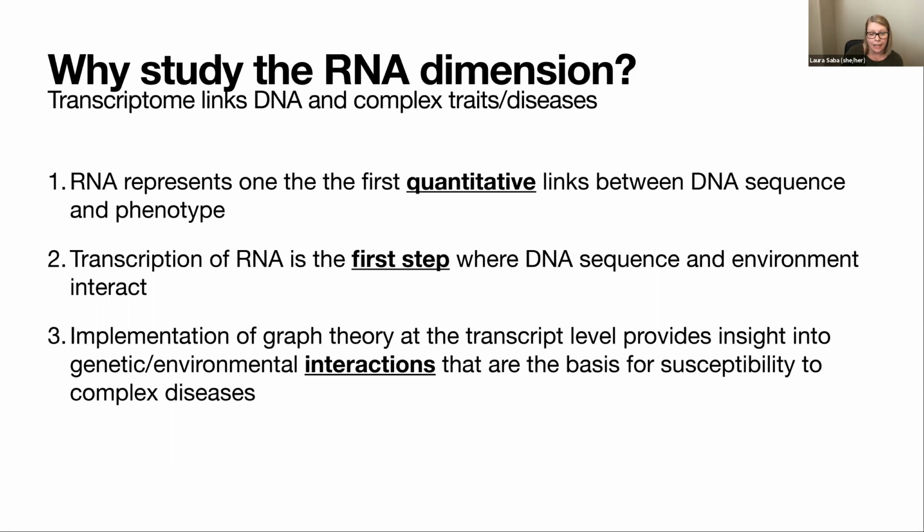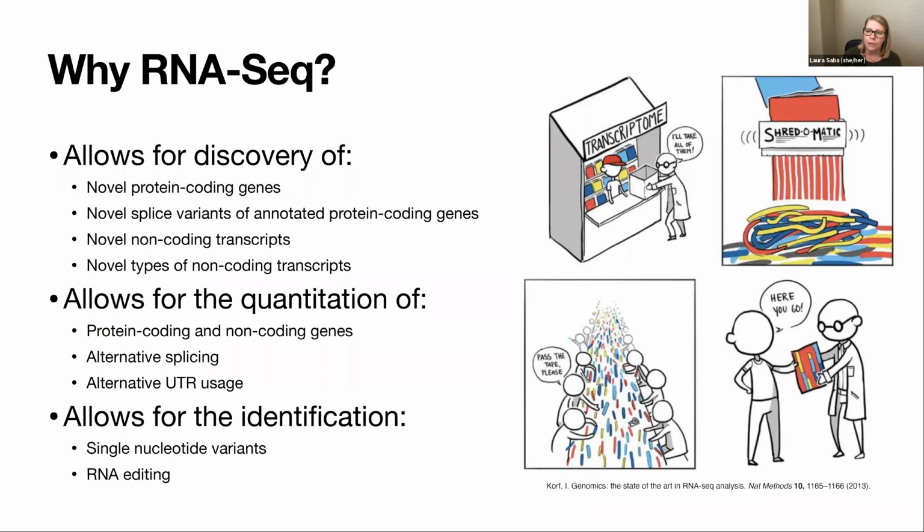And so it really is that first step. And then from a statistics point of view or a systems genetics point of view, we also get really excited about the RNA dimension because we have all these fantastic tools, including graph theory, to really dig deeper into this data now that it's quantitative, to talk about interactions and possible hypothesized mechanisms to test.